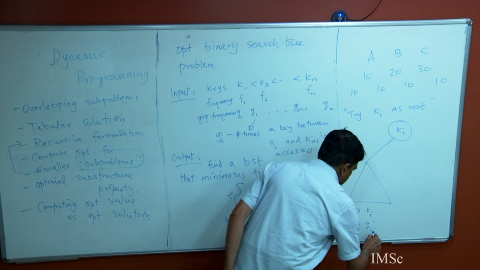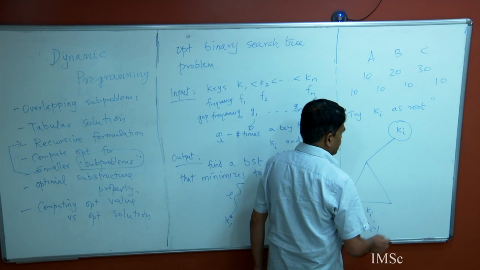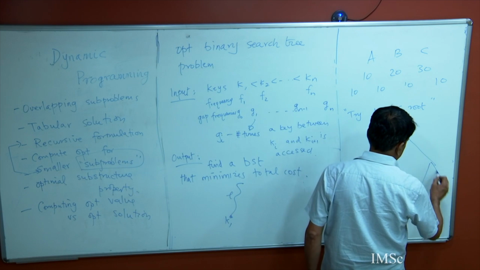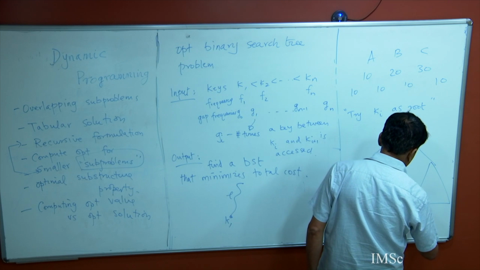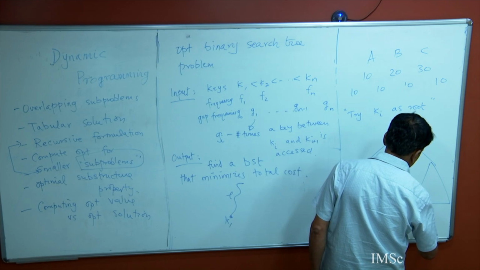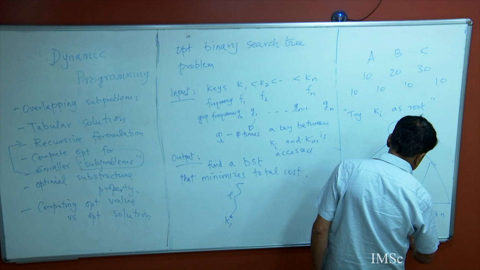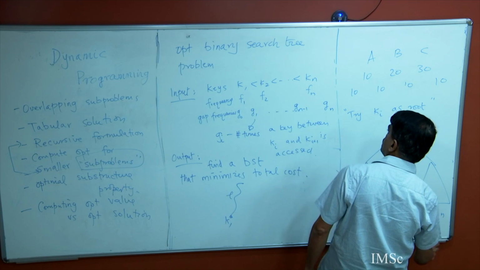And similarly, this would be an optimum binary search tree for keys ki plus 1 to n and the gaps Gi to Gn.